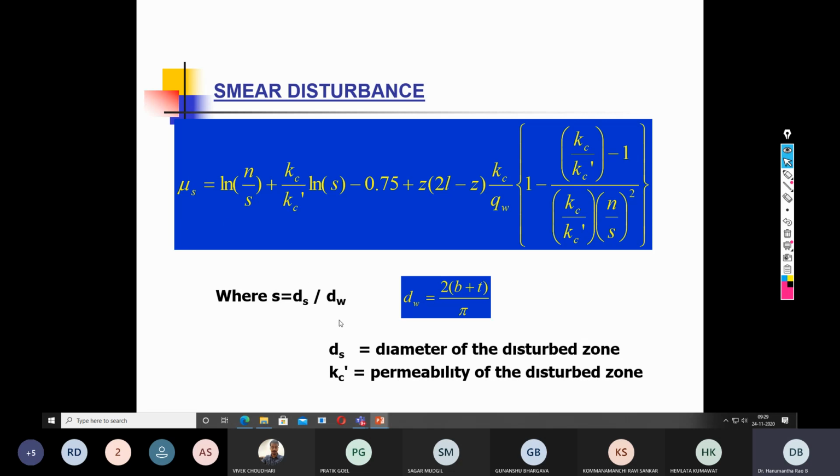S is defined as the diameter of the smear zone divided by the diameter of the well, where ds is the diameter of the disturbed zone and dw is the diameter of the well. This equation is used in the case of the PVD, not in the case of the sand drain. PVD is the prefabricated vertical drain, which I will discuss either in today's class or the next class.